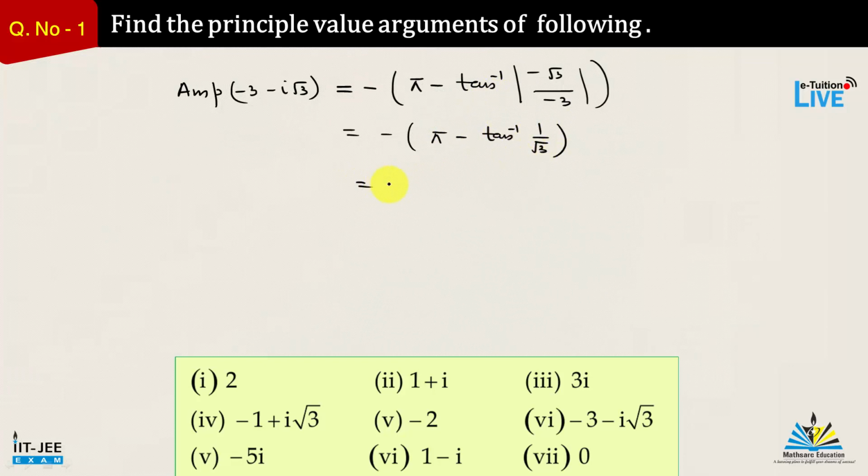Tan inverse 1 upon root 3 is pi by 6. So this is pi minus pi by 6, which is 5 pi by 6. So this is minus 5 pi by 6.